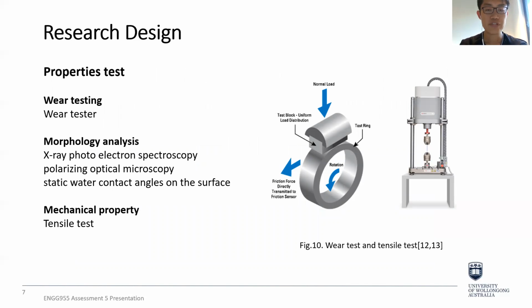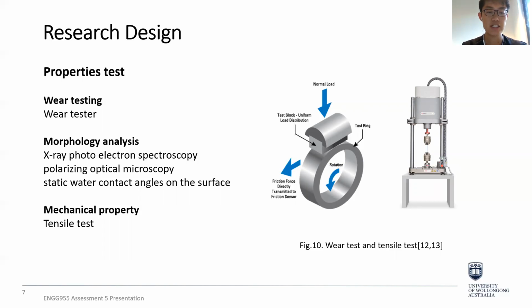Wear-resistant property of these samples was measured by the wear tester shown in Figure 10. To ensure the accuracy of the experiment, the test was conducted more than 3 times for each sample with a sliding time of 2 hours. The friction coefficients, friction torque, normal load, and weight loss were obtained by this test.